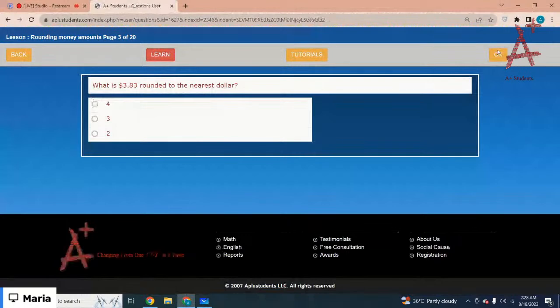What is 3.83 rounded to the nearest dollar? Which is the correct option? Yes, very good. The correct option is 4. 3.83 is rounded off to 4.